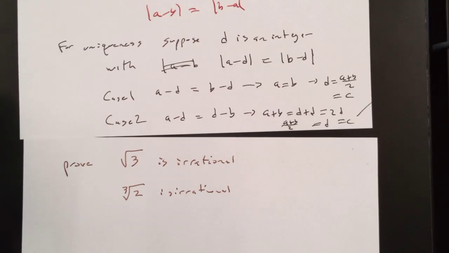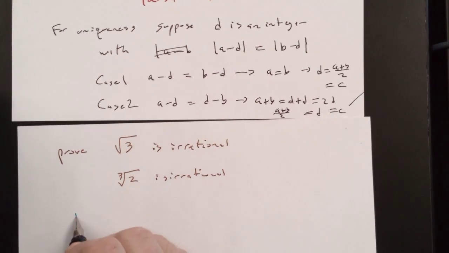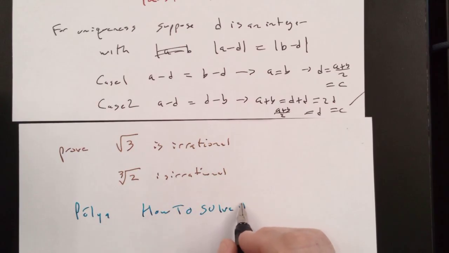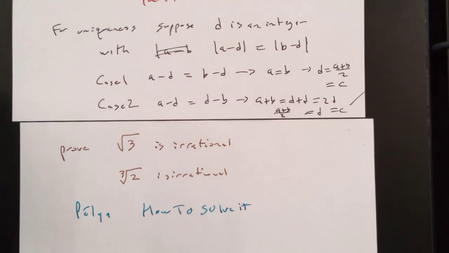There are lots of different ways to do proofs. Lots of problems are examined through these same lenses. A very famous mathematician by the name of Polya wrote a book called How to Solve It, which isn't just about solving math problems, but it's about the way in which you approach a problem in general.